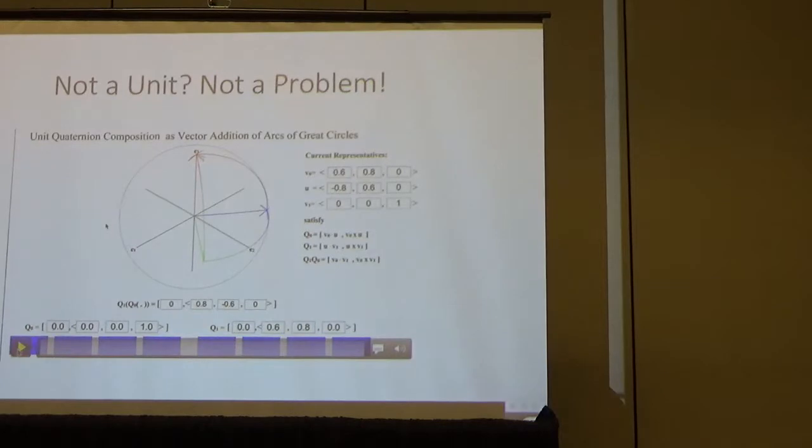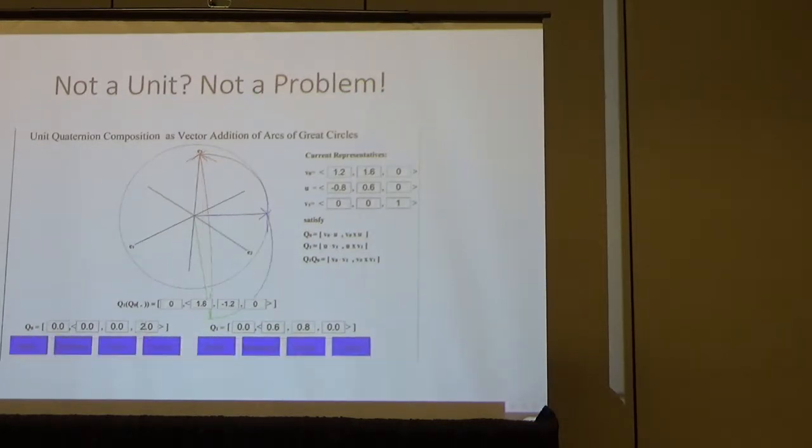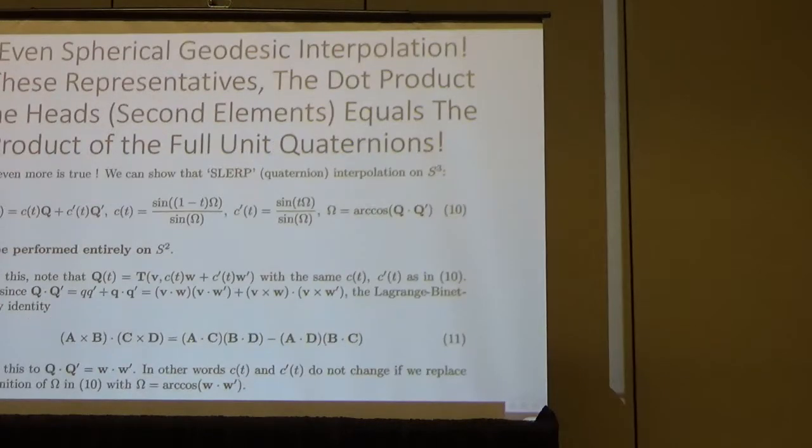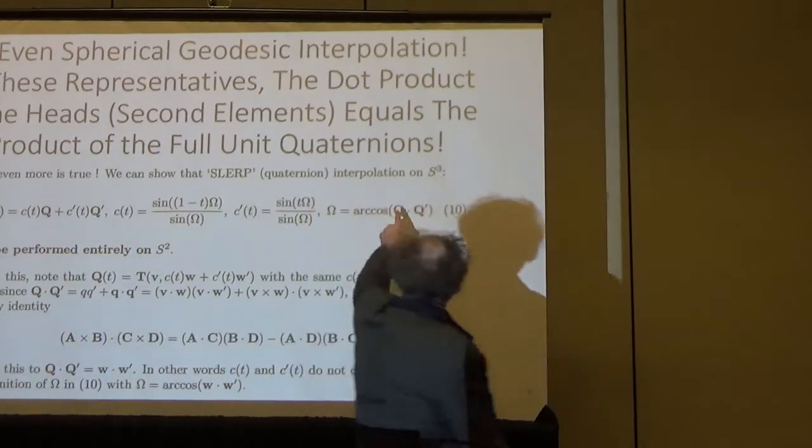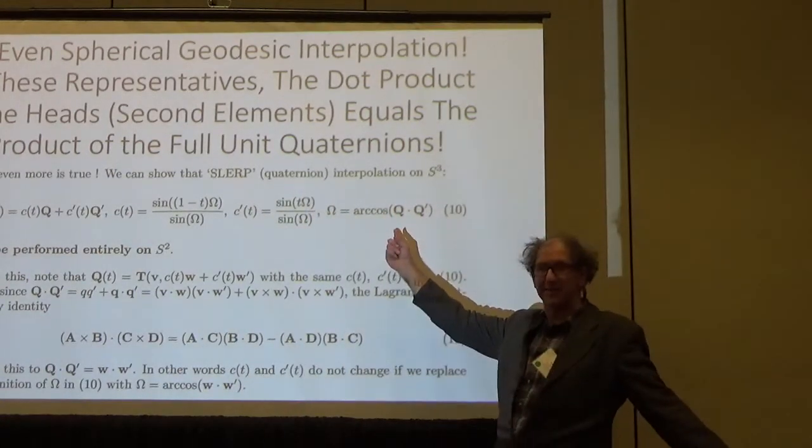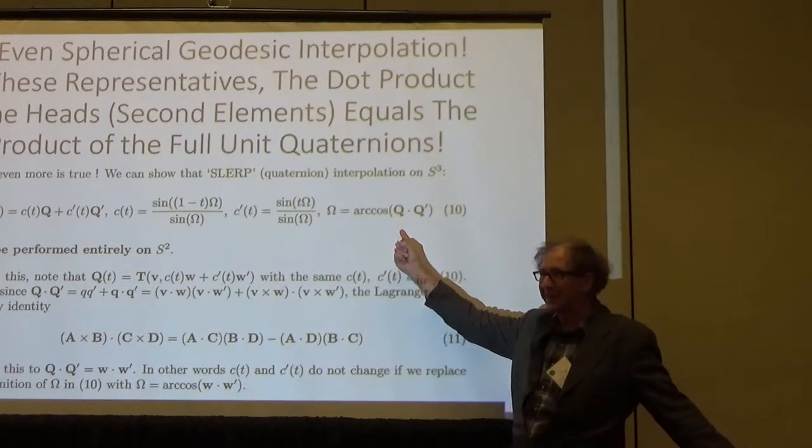So here, oh, this is just not a unit, not a problem. It doesn't matter. This applies not only to unit quaternions, but here is spherical. So it's just the linearity in the second component, but the formula still involves, spherical linear interpolation involves the dot product of the full four-component quaternion.